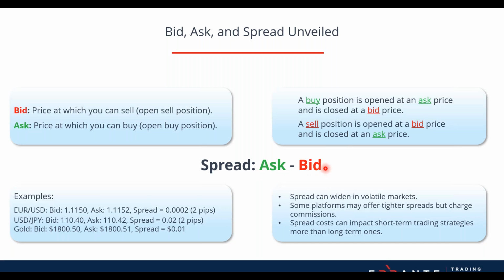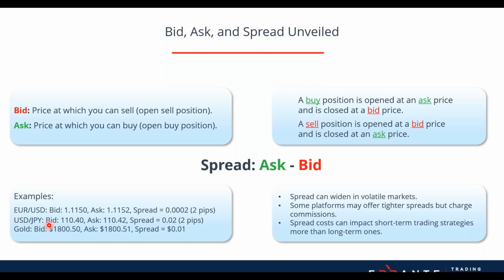So let's look at some examples. For Euro USD, the bid might be 1.1150 and the ask 1.1152, making the spread 0.0002 or 2 pips. And for example, here for the USD JPY, a bid of 110.40 and an ask of 110.42 also results in a 2 pip spread.